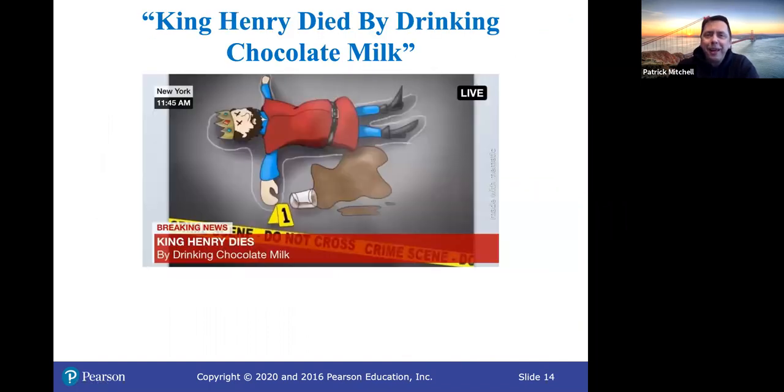Here's another thing a student told me about many years ago. This is what we call a mnemonic device, which is a way of remembering something, to help you remember your metric prefixes. The device is King Henry died by drinking chocolate milk. Here's a little meme that I put together for that.